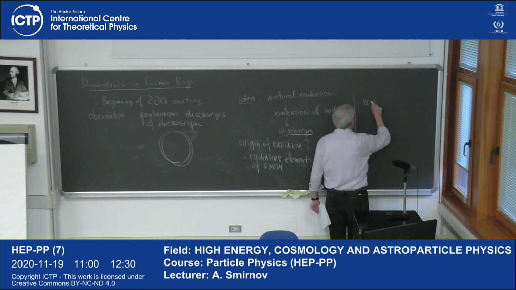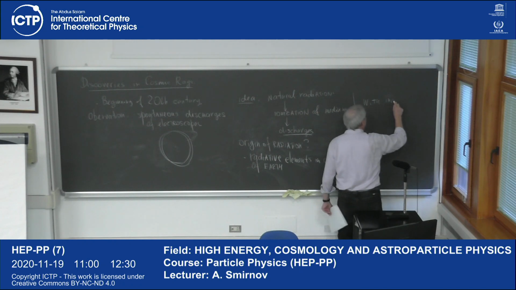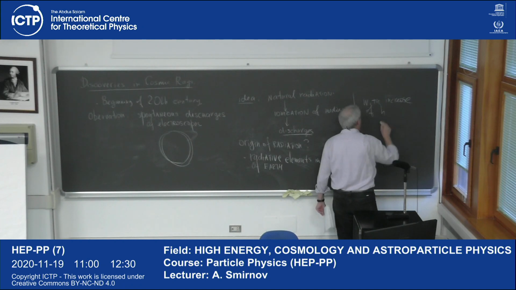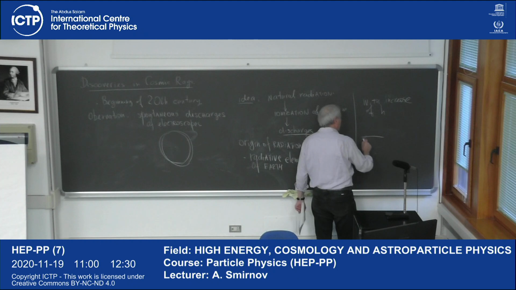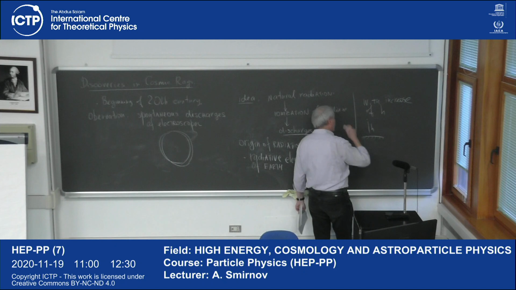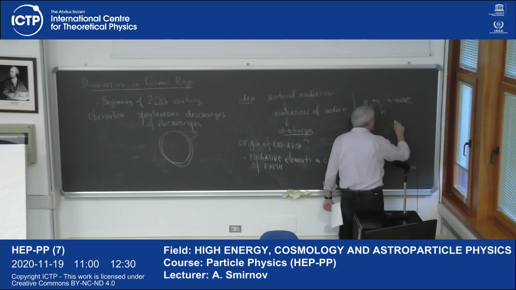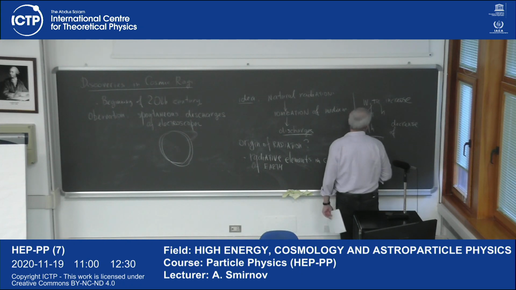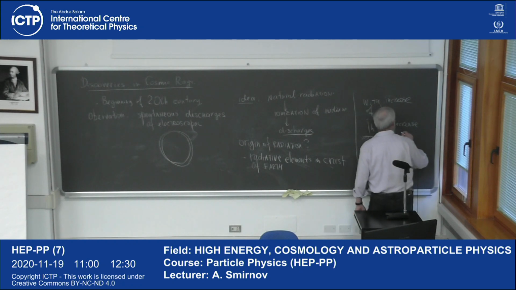So with increase of the height H over the surface of the Earth, you should observe, in this case, a decrease of radiation, and therefore of the number of discharges.